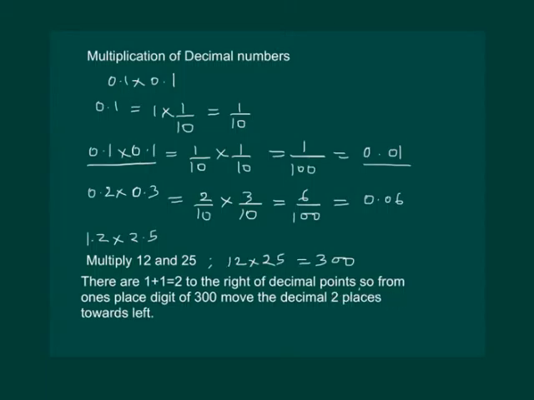This will give us 1.2 into 2.5 equal to 300, and moving the decimal 2 places, 1 and 2, means 3.00 as the required answer.